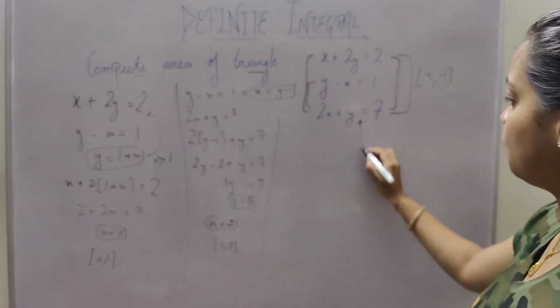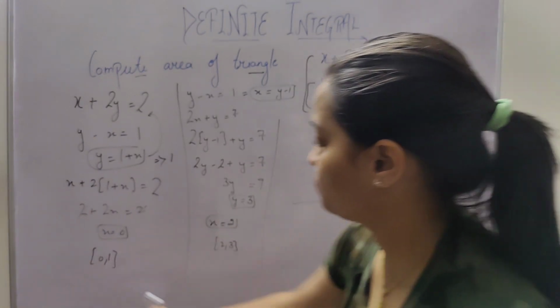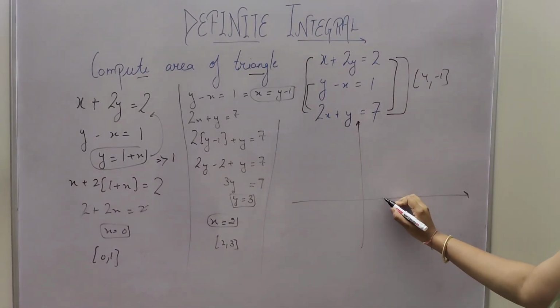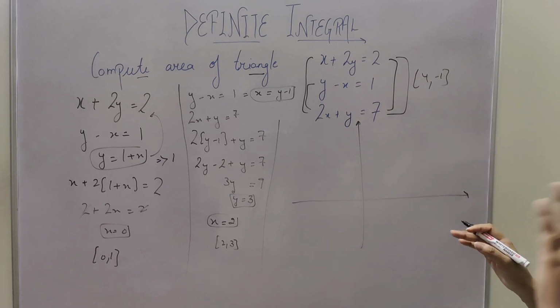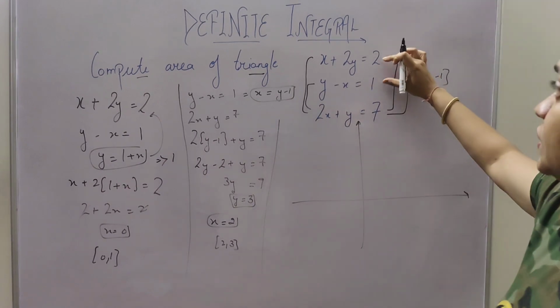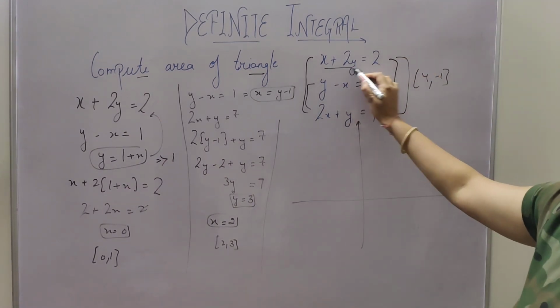So let's draw a rough sketch of these 3 lines, with the points of intersection (0, 1). Just suppose we are taking this line and this line.